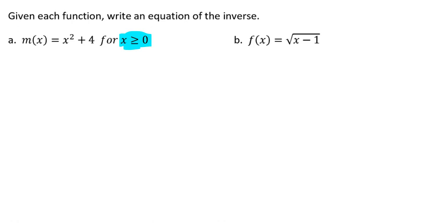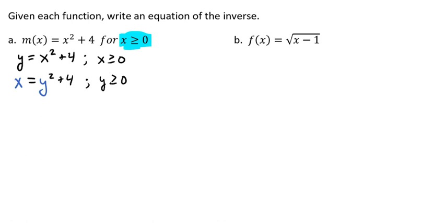So to do that, we're going to go ahead and have y equals x squared plus 4, given that x is greater than or equal to 0. And now we're going to switch our x and our y's. So we're going to have x equals y squared plus 4, given that y is greater than or equal to 0. And now we're going to solve for y.